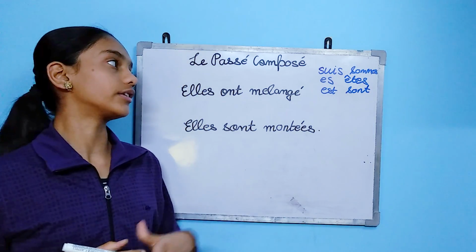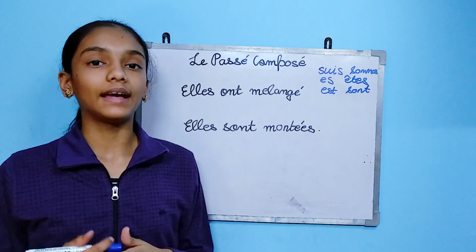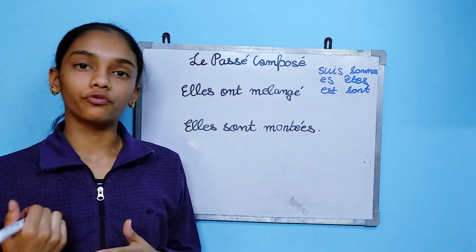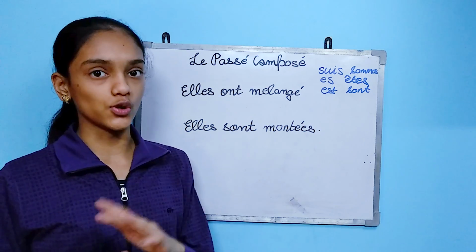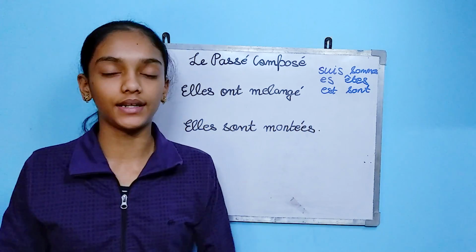And for avoir, it is j'ai, tu as, il, elle a, nous avons, vous avez, ils, elles ont. Without an S, it's ONT.